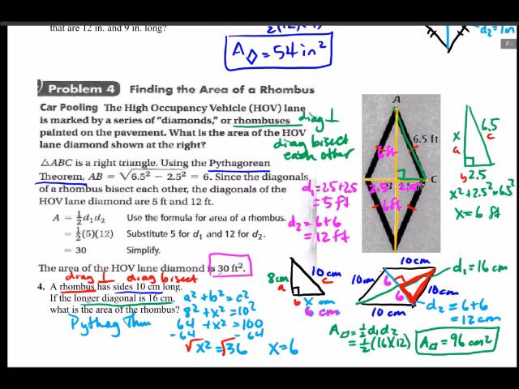And use your right triangles to find missing lengths, and then it's just easy using your area formulas. So we actually have 3 area formulas, but 2 of them are the same. Rhombuses and kites use the same formula. So if you are careful, I know that you will find these problems to be very easy to do, and you will have fun on your homework.